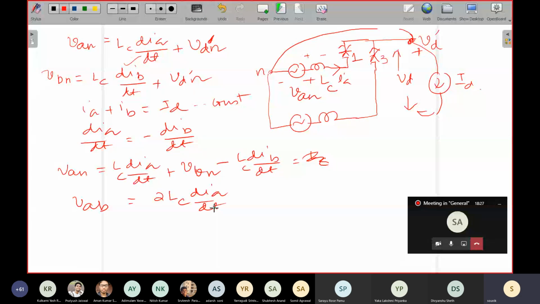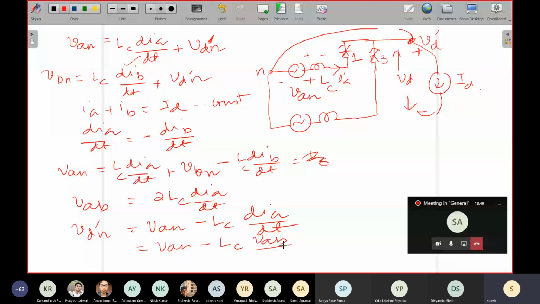So now I can find out what VD dash N is. It is nothing but VAN minus LC dIA by dt, which is VAN minus LC times VAB by 2 LC.